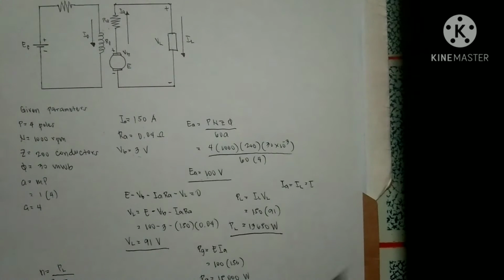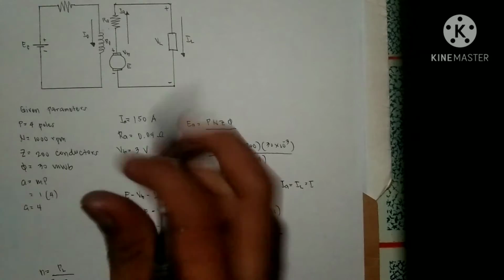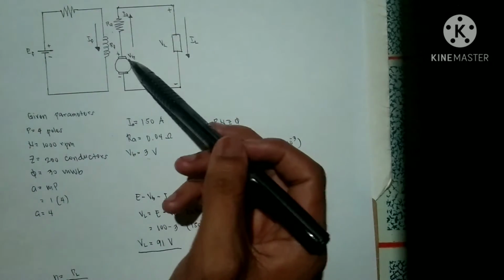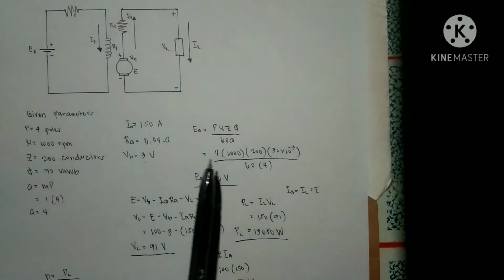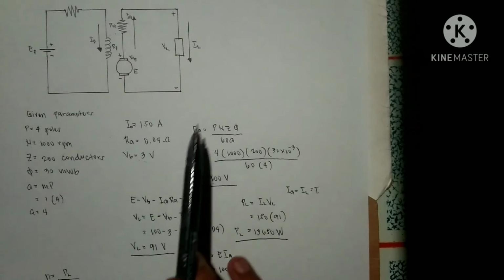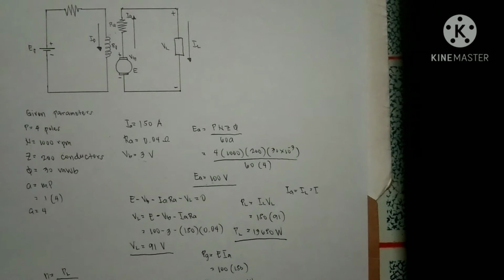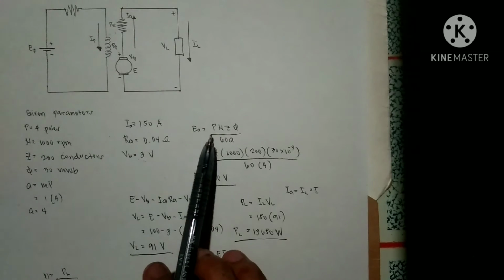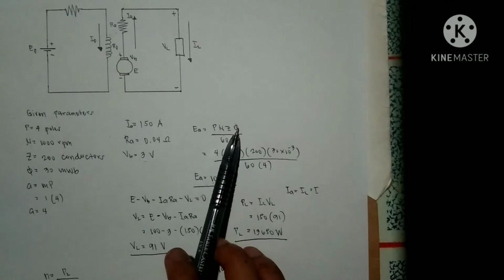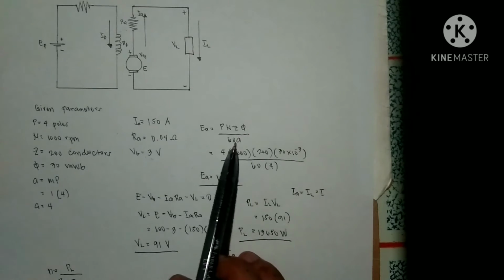The first thing we must do is to find the generated EMF in the armature. In calculating the generated EMF, we must use the EMF equation, which is P times N times Z times flux per pole over 60A.